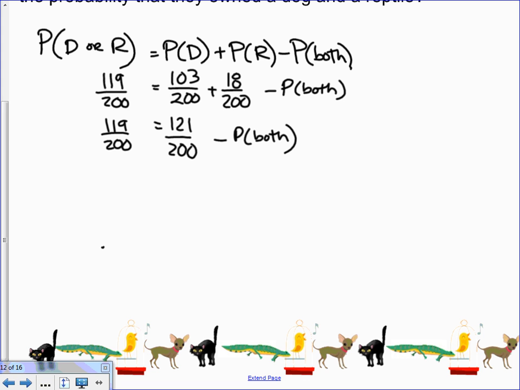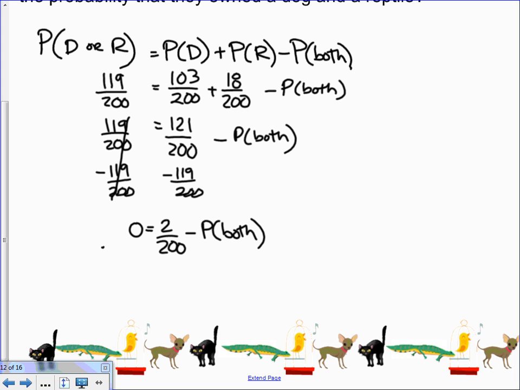Okay, you could work to solve it algebraically. 119 over 200 minus 119 over 200 gives me 0. And then 121 minus 119 is 2 over 200 minus the probability of both. Then you could do another algebraic step, which is add the probability of both to the other side.